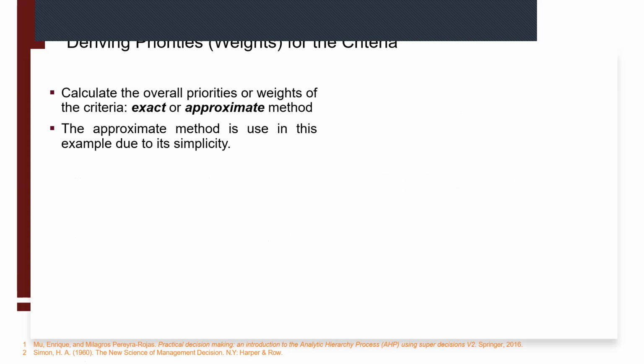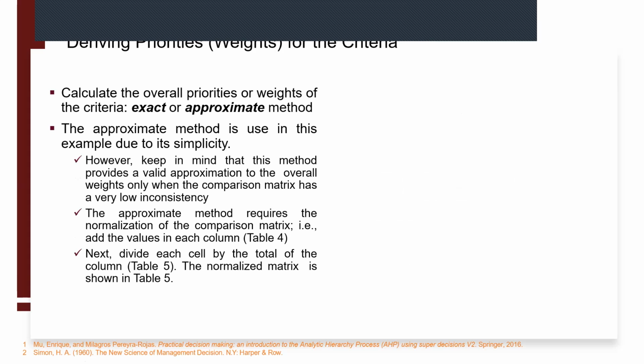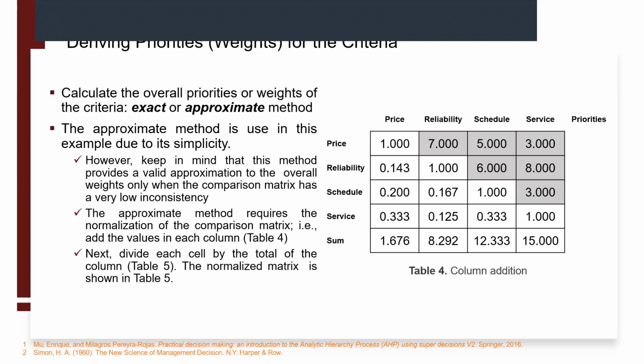Okay. So the next step is to calculate the overall priorities or weights of criteria, either exact or approximate method. I learned later on in the use of the software that using the direct values is the exact method of doing the priorities.